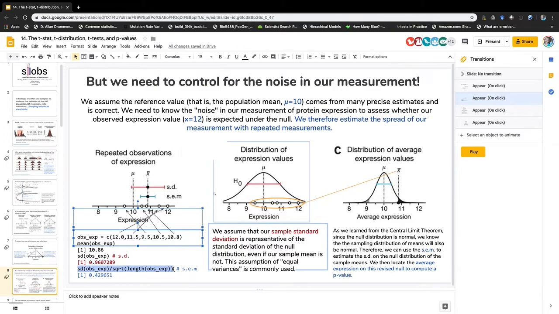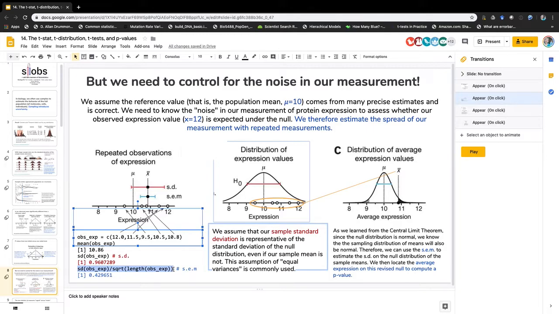Even if the mean of our sample isn't the same as the null, I'm going to omit the theory and the math behind this, but we can basically assume that the standard deviation of our sample can be applied to the standard deviation of the null.